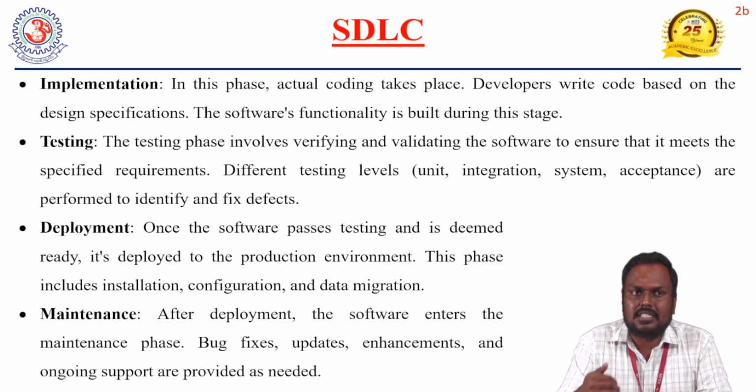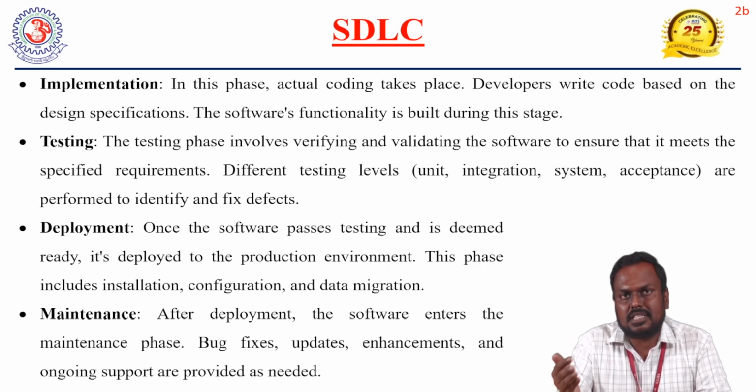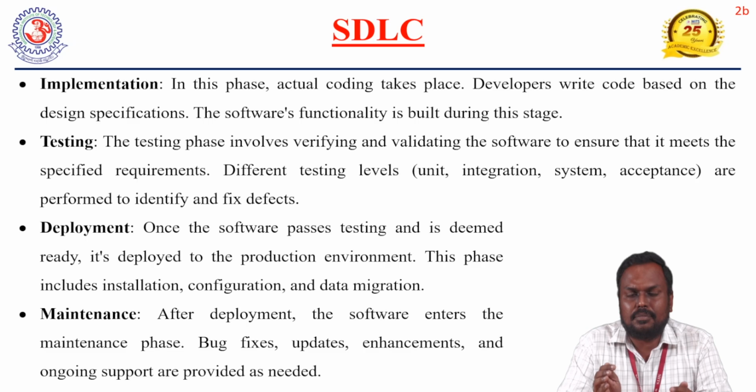And finally, acceptance testing takes place at the customer side, where they undergo certain tests with their own technical team or non-technical team as well, so that we can identify where the bugs are and fix them.